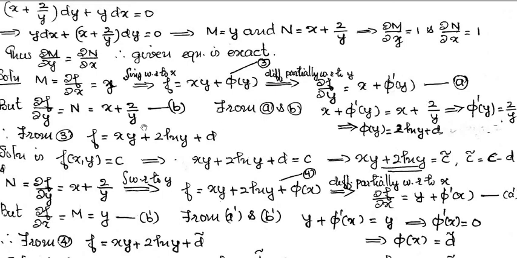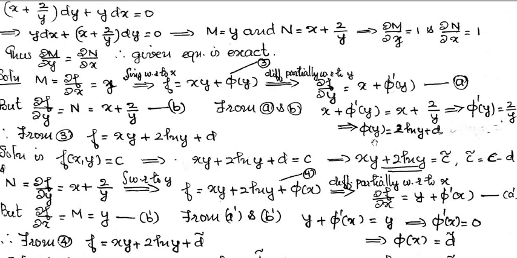Since the RHS of both the expressions are equal, x + phi dash y is equal to x + 2/y. From this, common factors get cancelled, getting phi dash equal to 2/y. Our aim is to find phi of y, so we have to integrate it with respect to y.